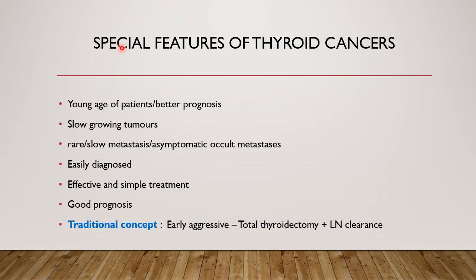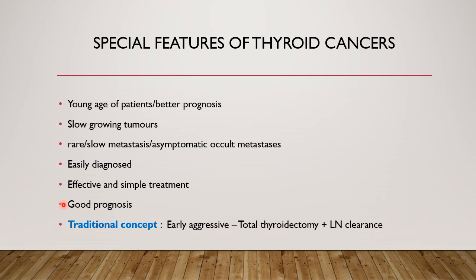Some special features of thyroid cancers. Thyroid cancers affect a relatively young group of patients and the prognosis is good. The tumors are slow growing, and very rarely do they metastasize. If they do so, it is after a long period. Early diagnosis is possible and good and effective treatments are available.